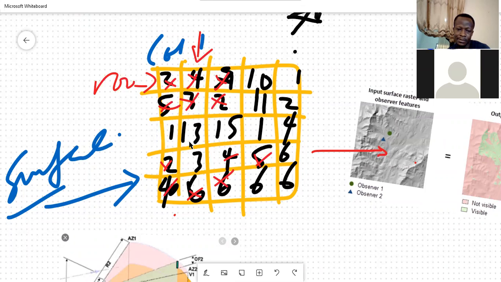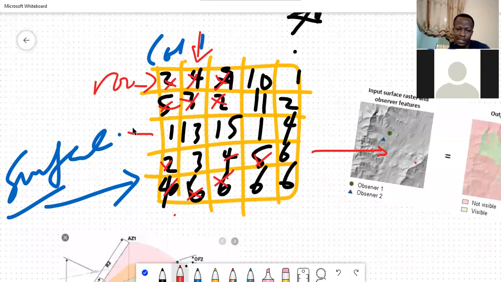From 13? On the left-hand side. Okay, so your question is that, can they see beyond this place? From here? Is that your question? Can a person see in this direction? Is that what you are saying? Yes.